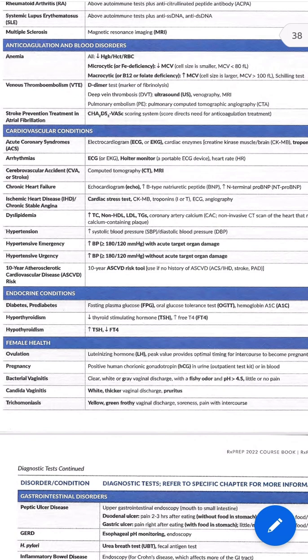Cardiac stress test: you can use it to diagnose ischemic heart disease or chronic stable angina.